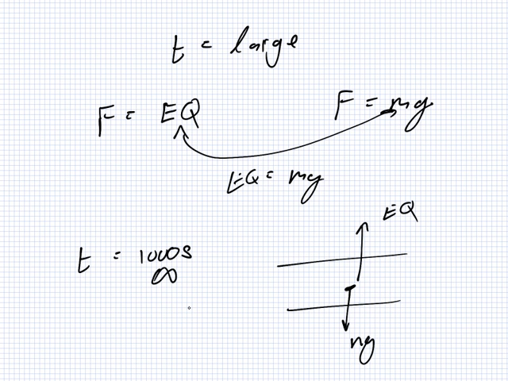So the reason your answer works is because the time is large. Because the time is large means that the force from the field is roughly equal to the weight. So it's not exactly the same, there is still a small difference, but this is the reason why it was remarkably close. This only works because the time is large. If you did this question again and I said the time is 2 seconds, then you will not get a close answer doing it this way.